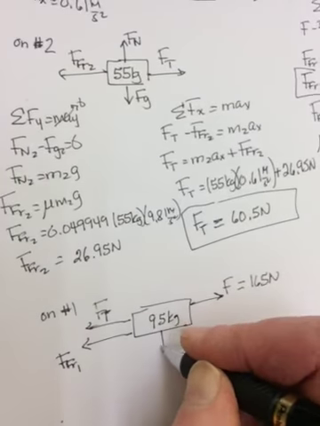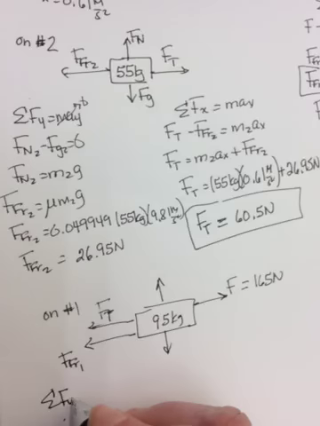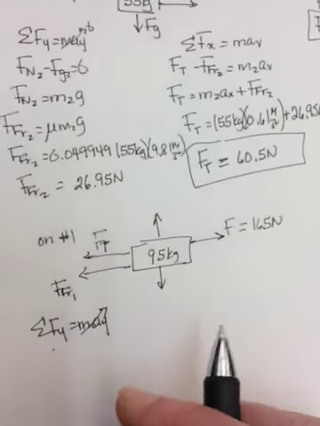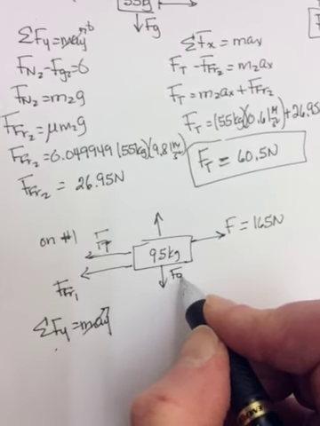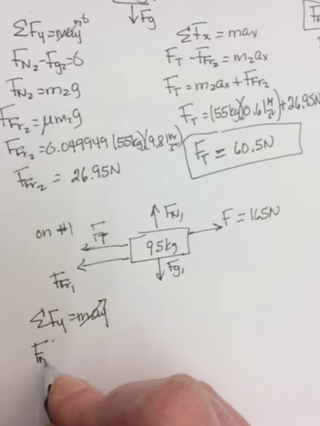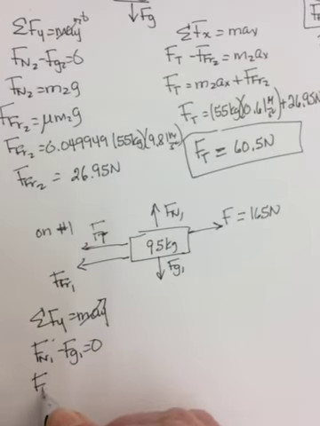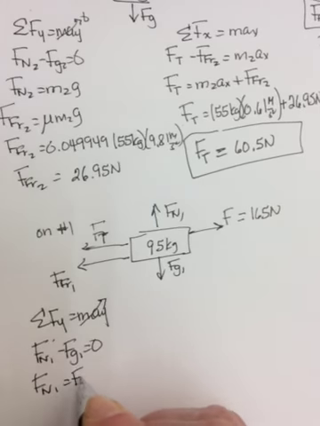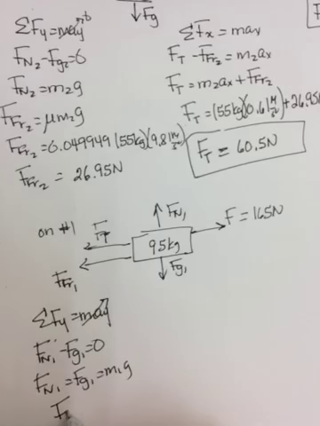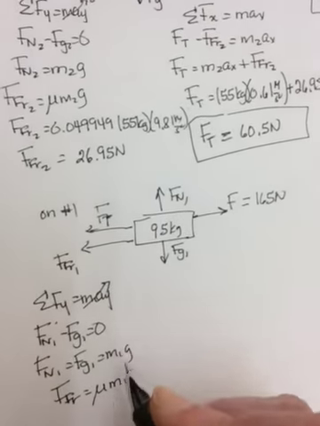So we would have to find the friction on number 1. Doing the sum of the forces in the y direction equals M1A, it goes to 0. It will be Fn1 minus Fg1 will equal 0. So Fn1 will equal Fg1 will equal M1G. And so friction on number 1 will equal mu M1G.